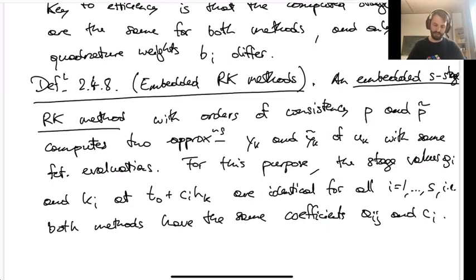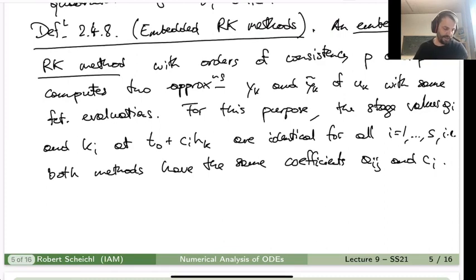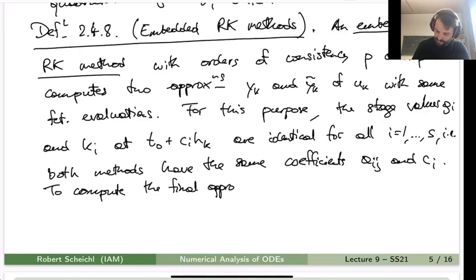And then to compute the final approximations at time step tk, we use two different quadrature rules.